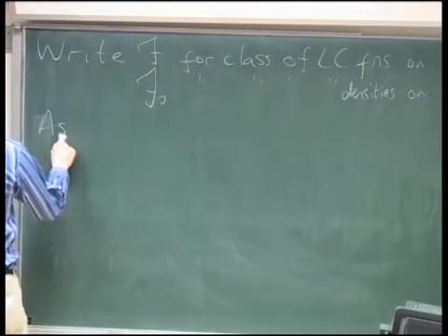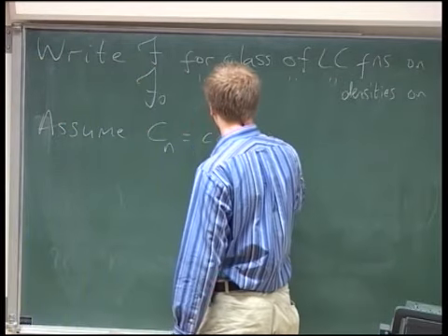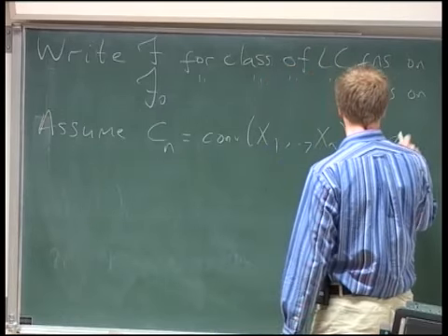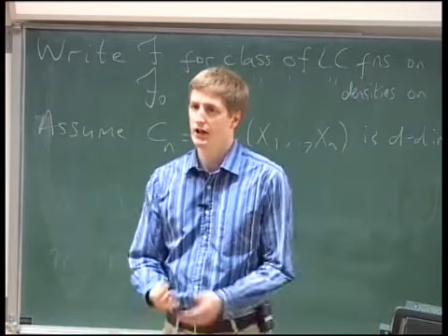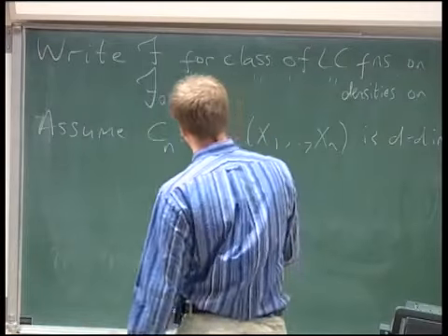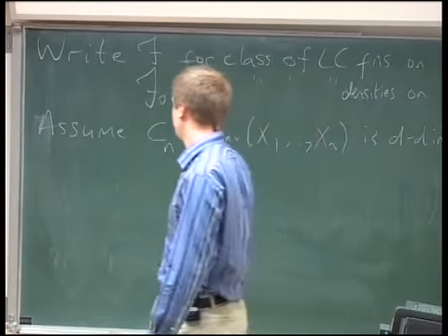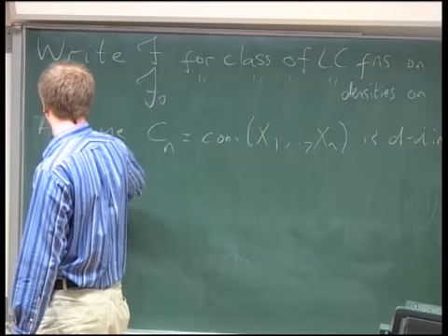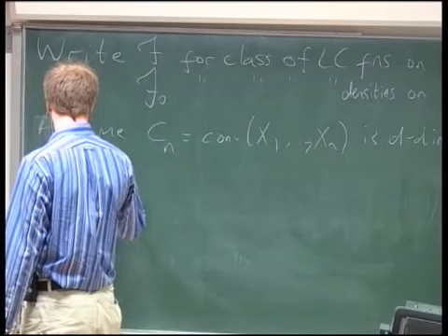I want to assume that the convex hull of the data is d-dimensional. That's an event that occurs with probability 1. It's going to turn out that my density estimate is going to be supported on this convex hull of the data. And in fact, the first two parts of the proof consist of showing this.